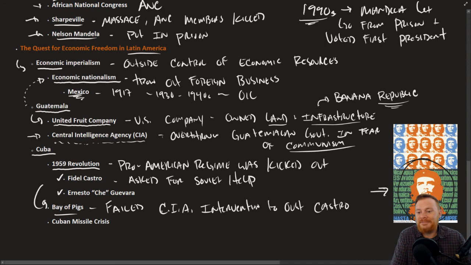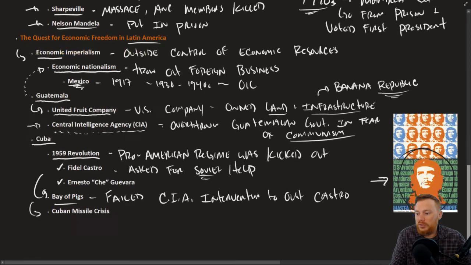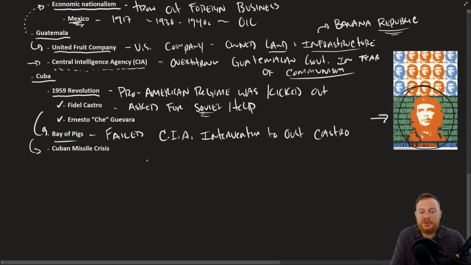Here, the CIA failed to get rid of Castro, and that led to the kind of pretext for the Cuban Missile Crisis, where Castro reached out to the Soviet Union for help, and the Soviet Union responded by placing missiles in Cuba. Again, a very tense situation. But one thing that the failed Bay of Pigs invasion also did was it really hurt the U.S. reputation in Latin America.